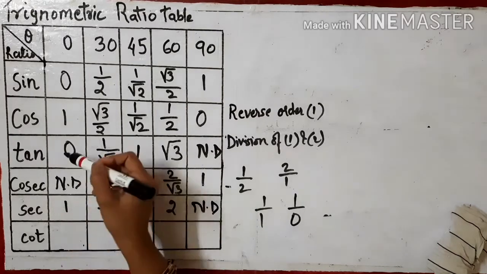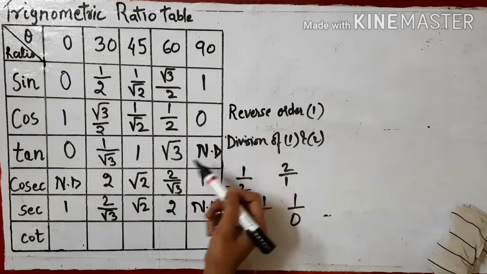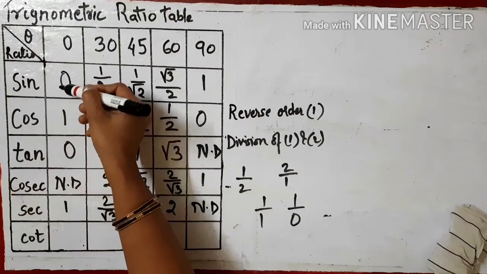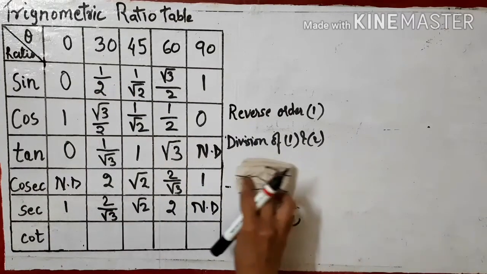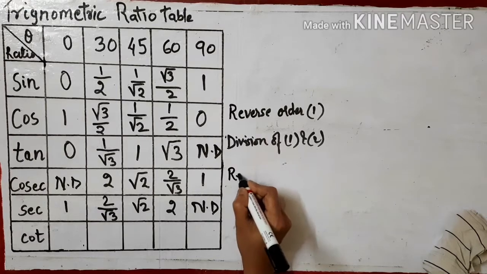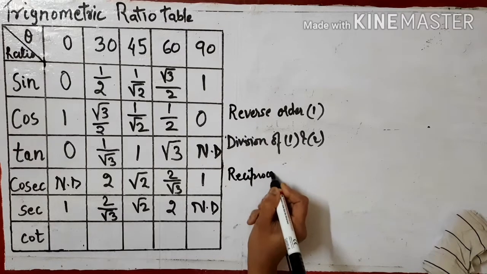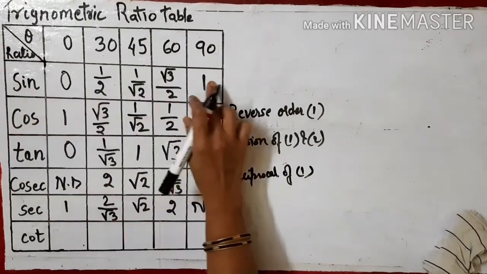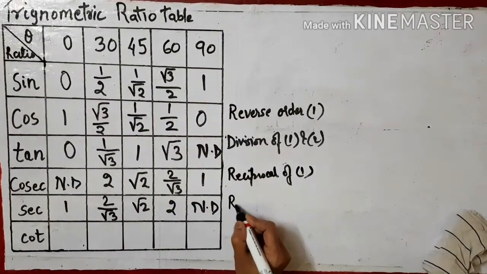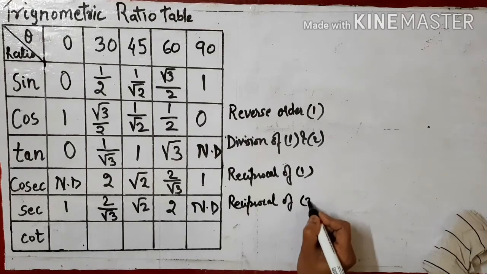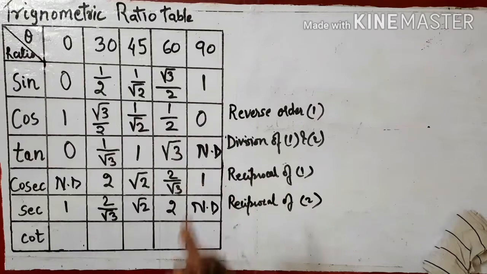This you can find as the reciprocal of tan, or you can do cot as cos divided by sine. So we shall write this here. Cosec is the reciprocal of sine. Sec is the reciprocal of cos.